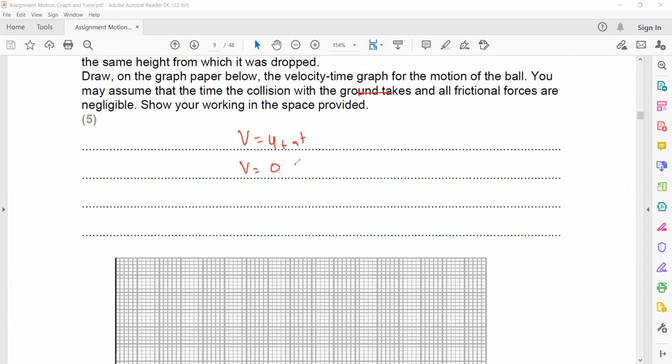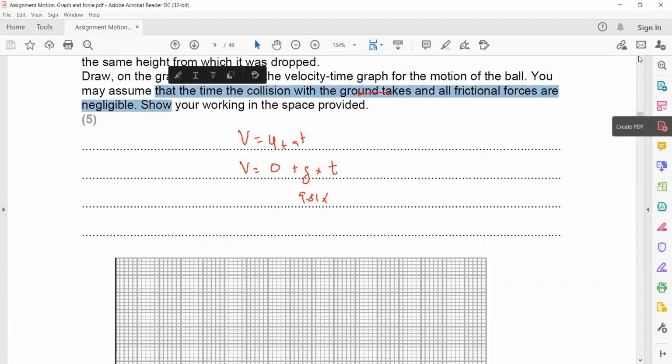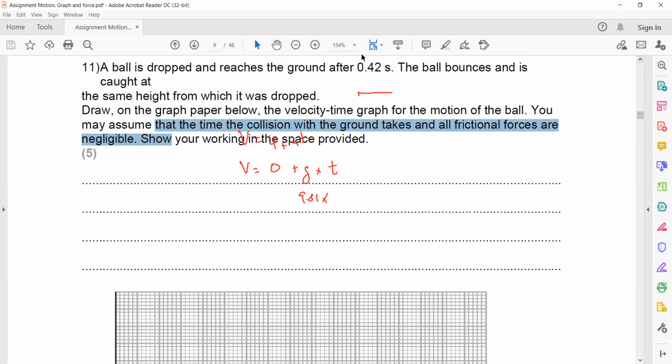The initial velocity is 0, so it is the acceleration due to gravity multiplied by time. So that is 9.81 multiplied by the time interval, which is given in the question, that was 0.42. We'll get its final speed at which it hits the ground, which is 4.12 meters per second.